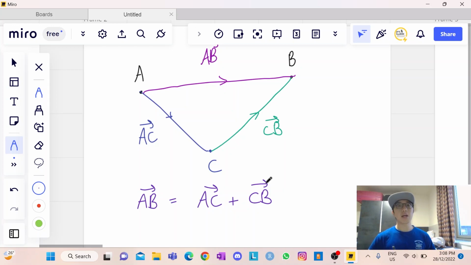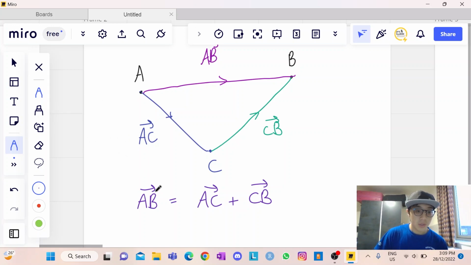You can just imagine where you are now, and your final destination will be the same, but given how many different roads, it will be equal to each other. So AB will be equal to AC plus CB. You can see how these arrows show that you will reach B as your final destination. So this is the number one thing that I will mention in this video.